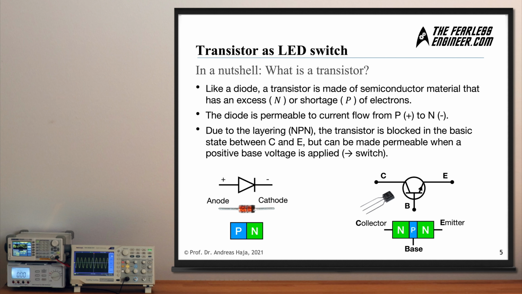We have seen other semiconductor elements before, for example the diode, which is also made up of semiconducting components, and in one part you can see the diode here, the diode symbol. We have used LEDs before, but this is not a light-emitting diode. It's simply a diode which lets current pass in a certain direction, and this is made up of two components which are called P and N, and the P part has a shortage of electrons and the N part has an excess of electrons.